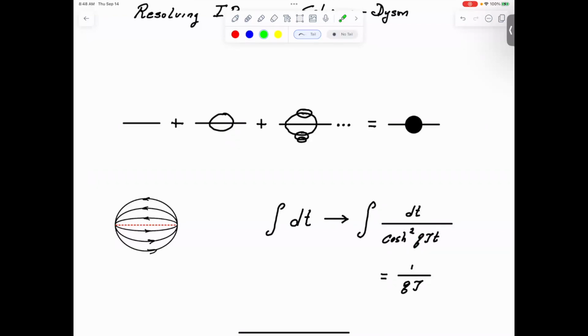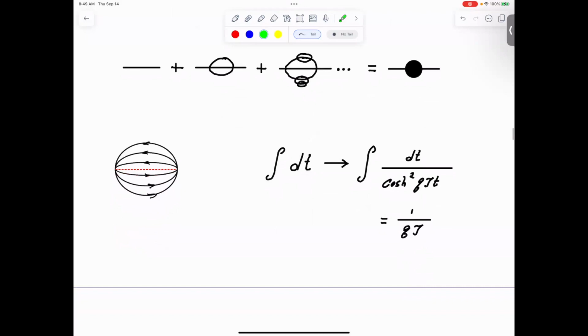In usual conventions, there's no q here. The reason that the q is there is because of the change of time units in going to cosmic time units. In cosmic time units, it's 1 over cosh squared qjt, and that integral is now finite. It's 1 over qj.